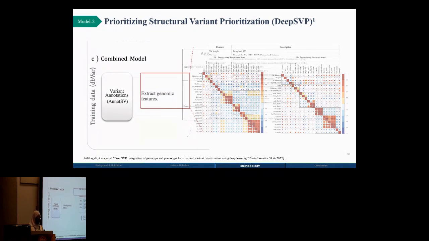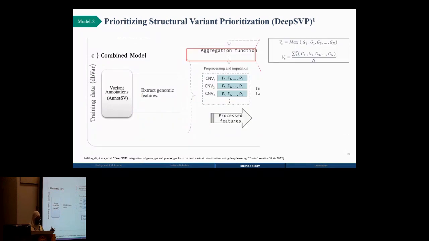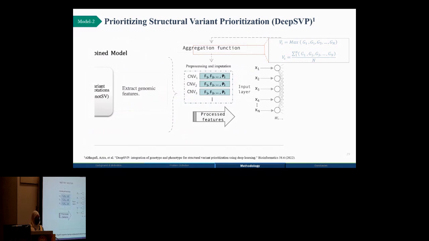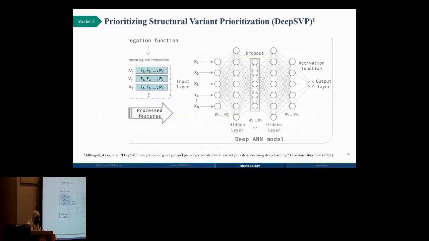And the most important thing is that since these structural variants involve a large number of genes, we apply and evaluate two different aggregation methods, in which it's either the phenotype effect due to the single gene effect using the maximum score between the gene and the disease, or the average, which considers the cumulative effect for multiple genes in the variant. And after we pre-process these features, we generate another deep learning model trained on these features to get the phenotype score for each variant, how they are related to the disease phenotypes. And also for any more details, please refer to our published paper.